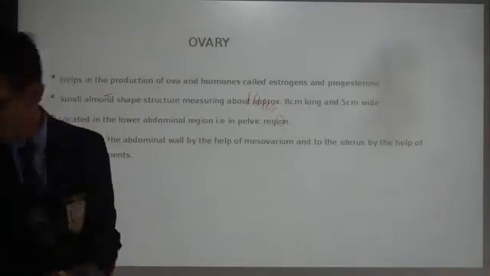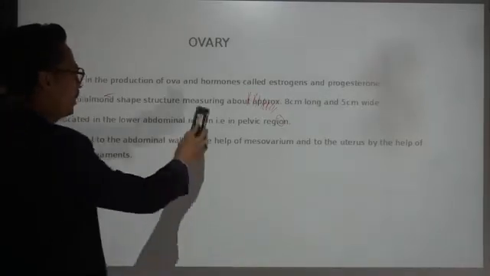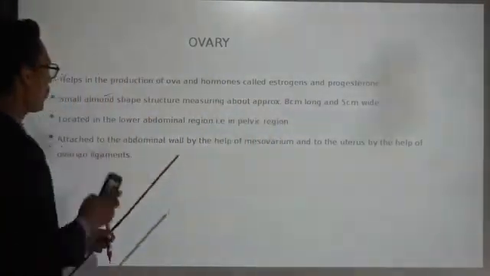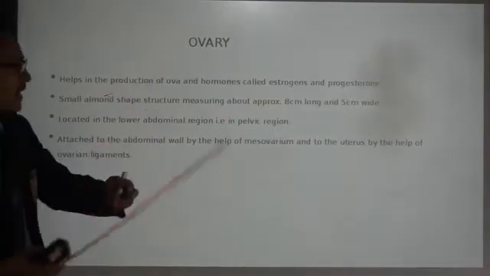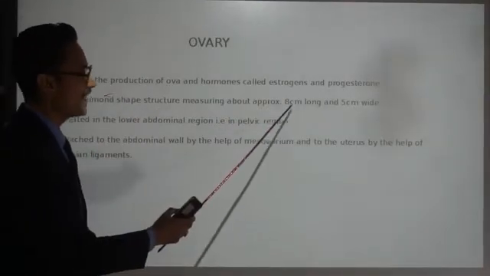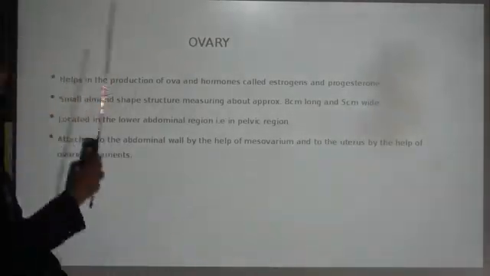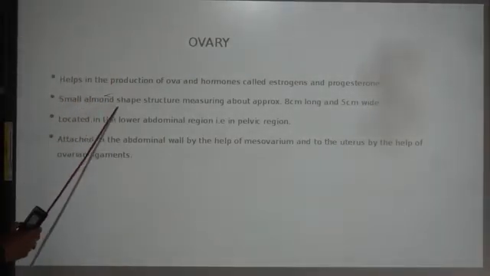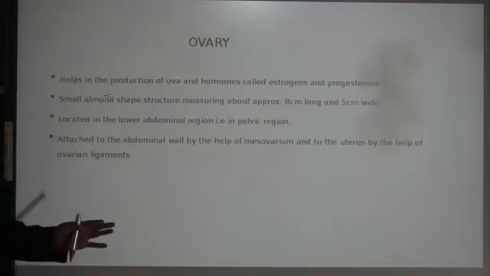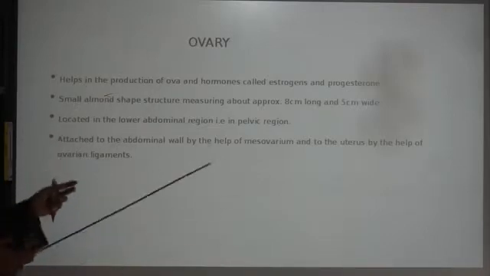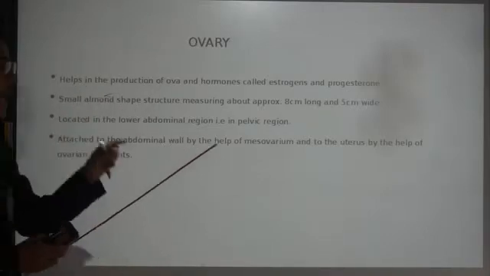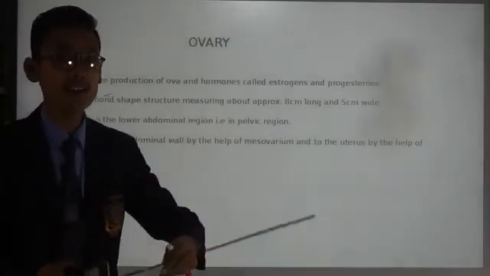Generally, the ovary measures approximately 8 cm long and 5 cm wide, and is usually a small almond-shaped structure. Next, I told you that it is located in the lower abdominal region or in the pelvic region.